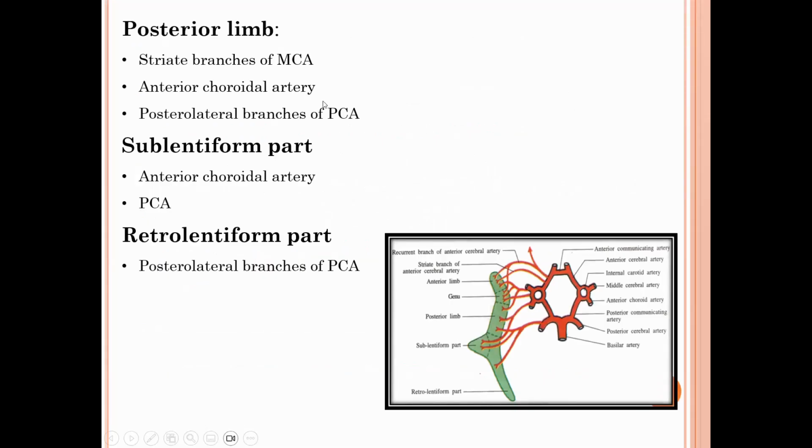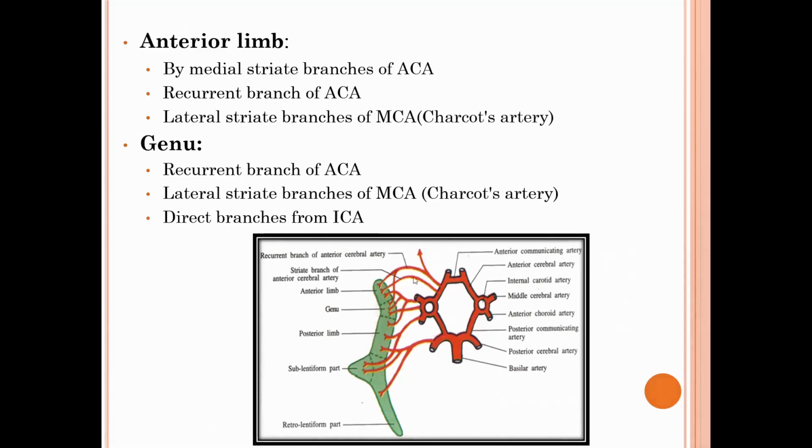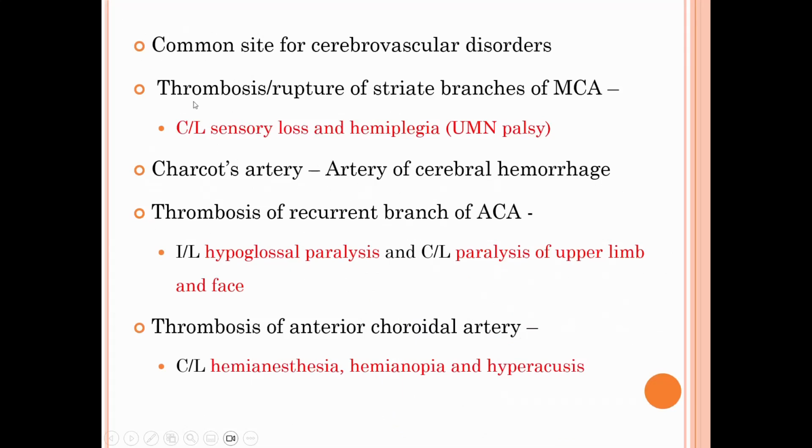Here we can see the striate branches are supplying the posterior limb. The lateral striate branches coming from the middle cerebral artery are also supplying the genu. So because of that, there will be contralateral sensory loss and hemiplegia, that will be a UMN type of lesion.